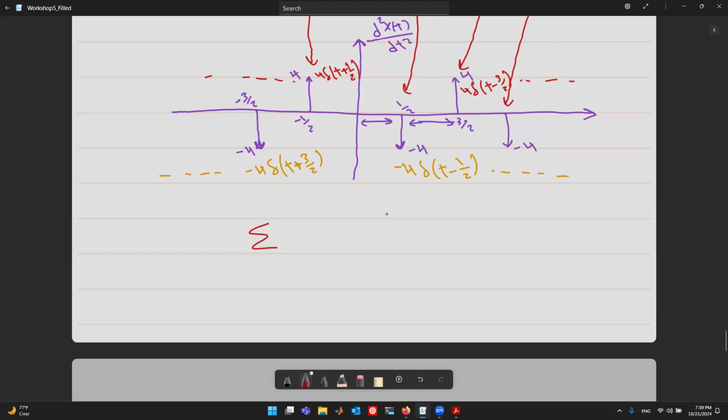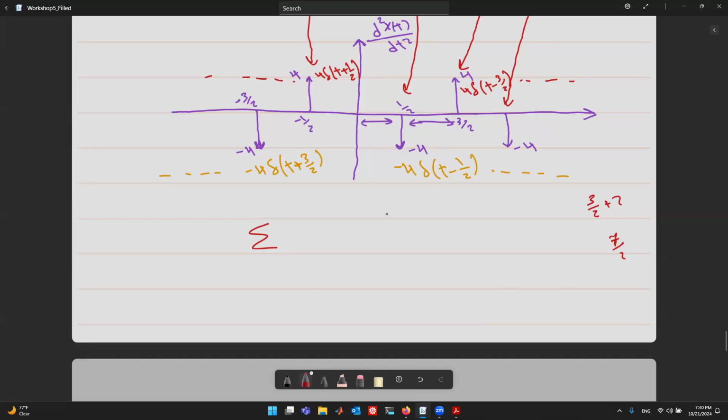The distance from 1/2 to 3/2 is 2, and then from 3/2, if we add 2, we get 7/2.